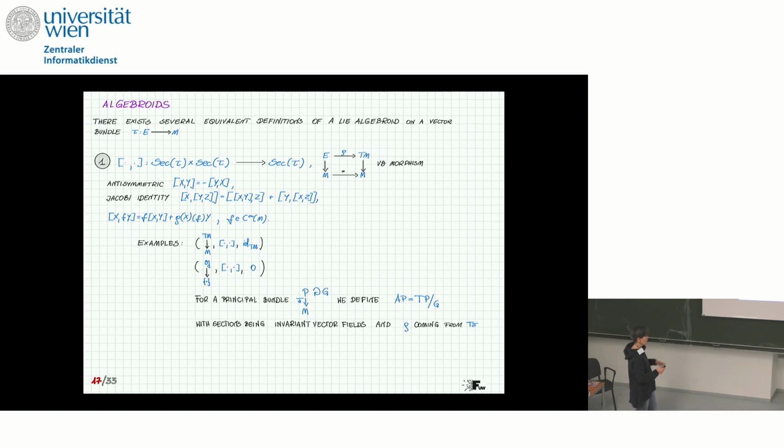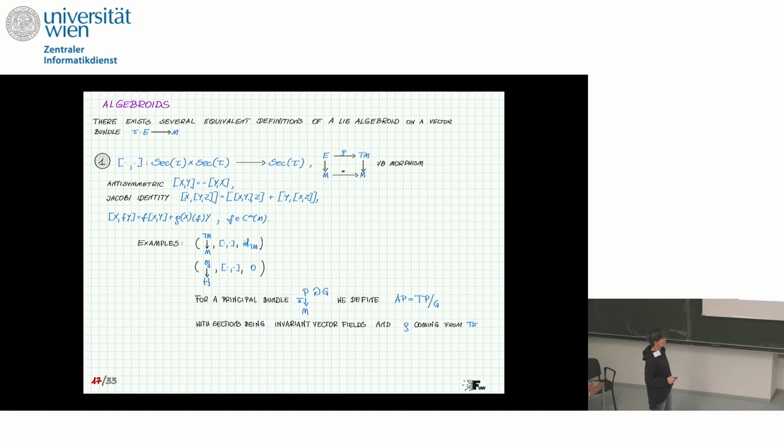There are, of course, more intermediate examples, something in between the bundle over one point and the full tangent bundle. For example, we can take a principal bundle with some group acting, and we can define something which is called a Tulczyjew algebroid.